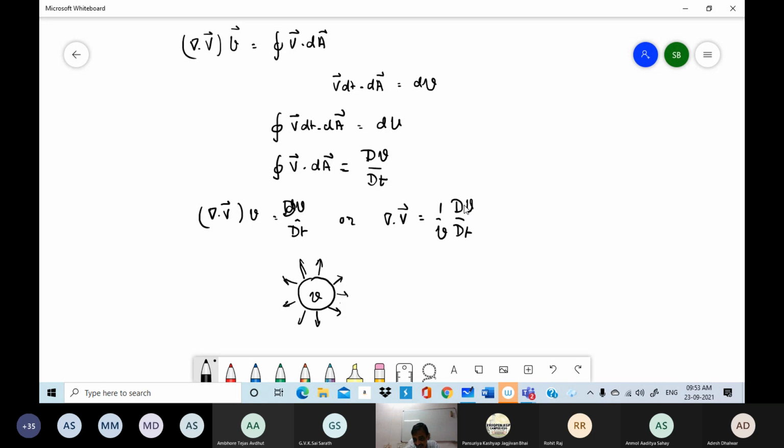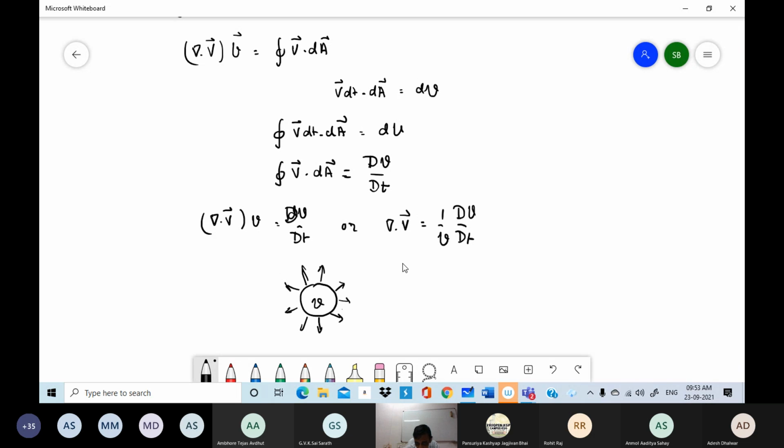The del dot V is the fractional rate of increase of V. So it is the rate of change of V divided by V, the fractional rate of increase of V. So if I have divergence of V positive, it means my material volume.